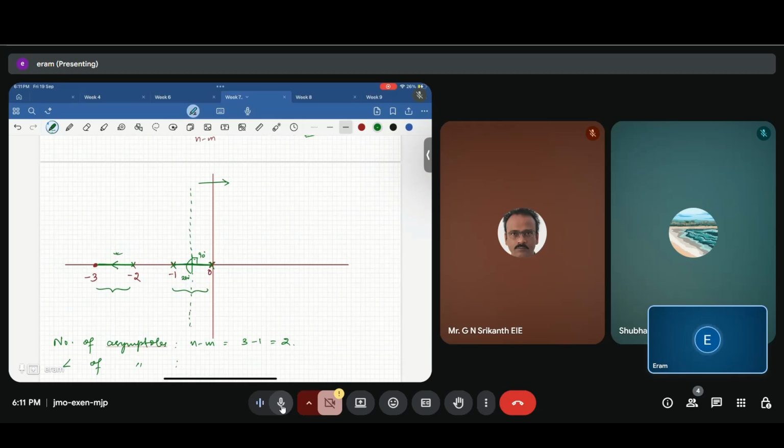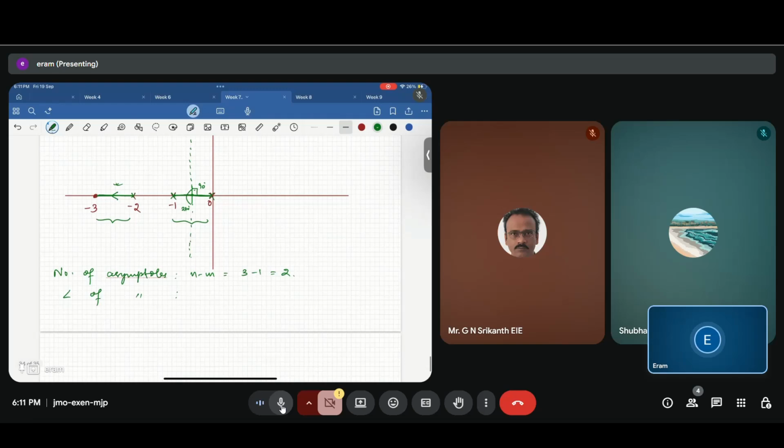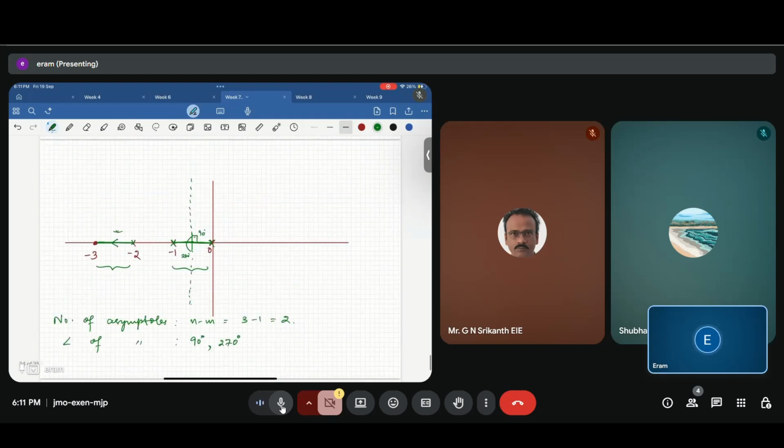But the point to take care of is that the angles of asymptote, which we got as 90 degrees and 270 degrees, don't mean that it breaks out at an angle of 90 degrees or 270 degrees. These angles are the angles of the asymptotes, meaning that at k tending to infinity, the asymptotes will make an angle of 90 degrees and 270 degrees.